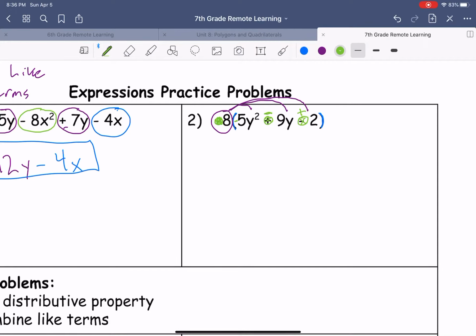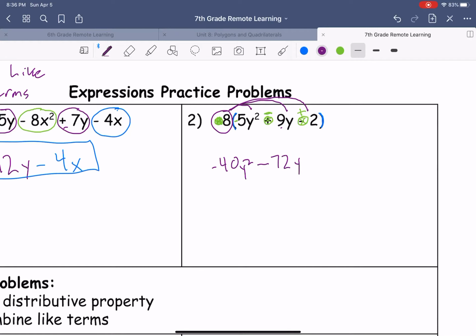So now we just have to deal with the 8. Okay? So 8 times 5 is 40. And we've got our negative that we bring, y squared. Then we've got our minus that we bring down. 8 times 9 is 72y.